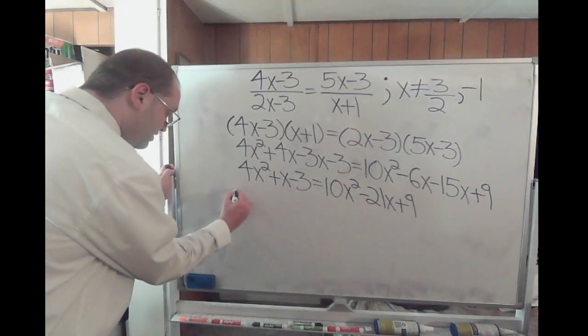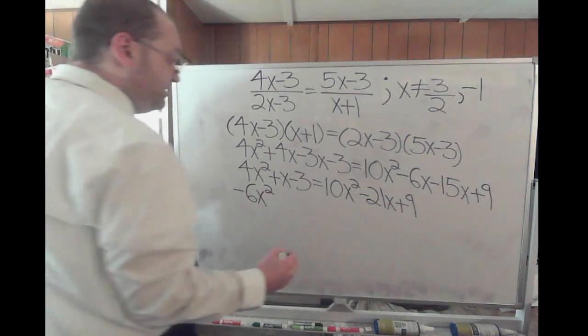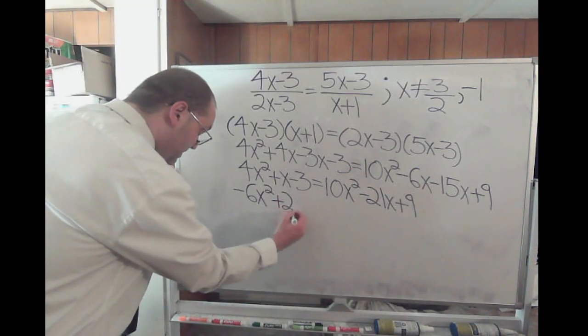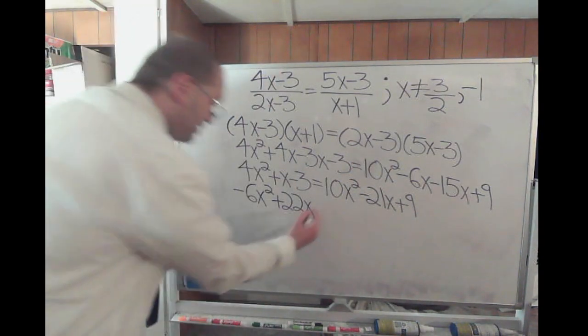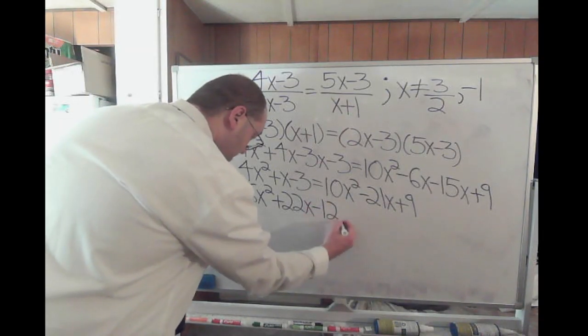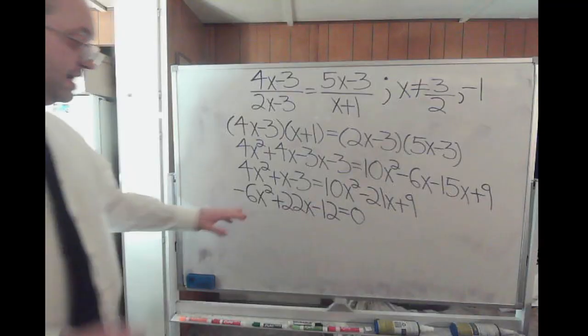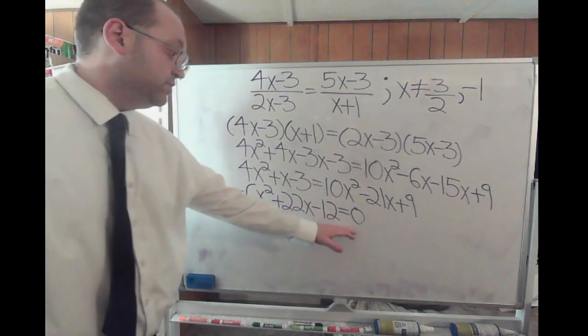So if we do that, you'll get negative 6x squared. And then if you add 21x to both sides, you'll get plus 22x. Then if you subtract 9 from both sides, you'll get minus 12. That would all equal 0. So now we got it down to negative 6x squared plus 22x minus 12 equals 0.